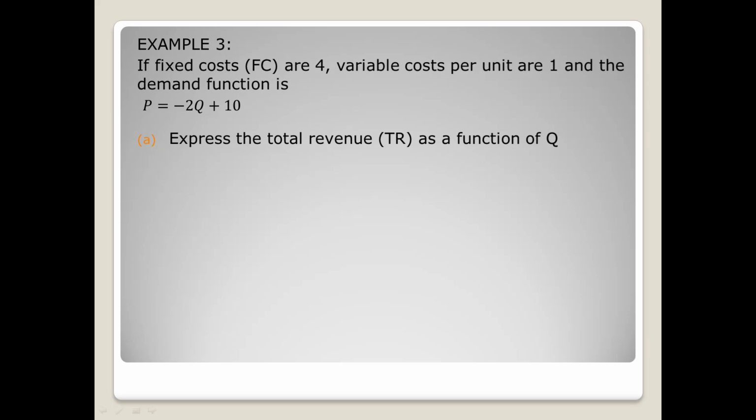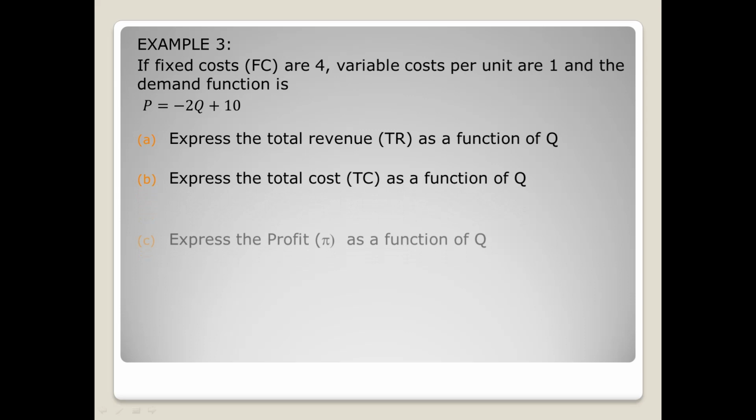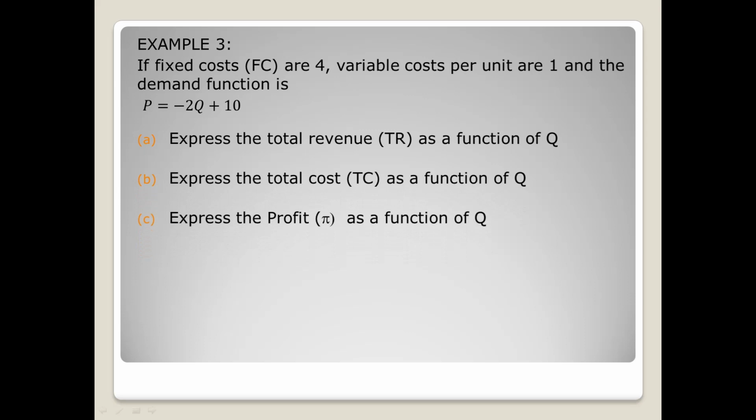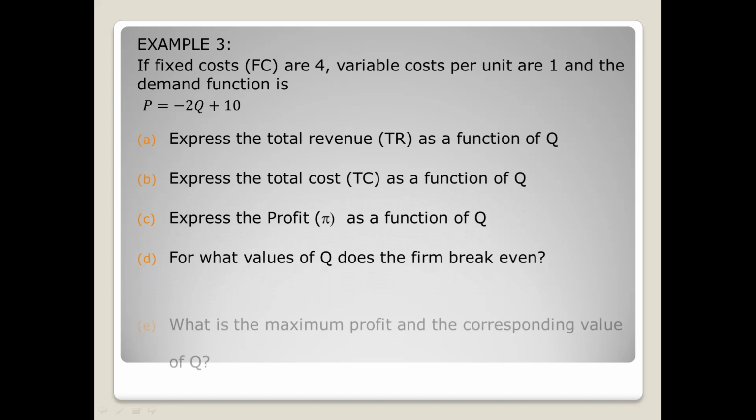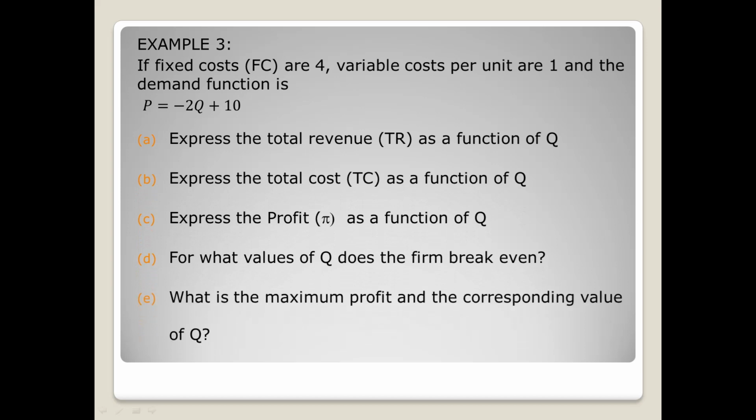Part A of the question, express the total revenue TR as a function of Q. Part B, express the total cost TC as a function of Q. Part C, express the profit pi as a function of Q. Part D, for what values of Q does the firm break even? And last part E, what is the maximum profit and the corresponding value of Q? So let's solve all these parts of the question one by one. So I will start with part A.